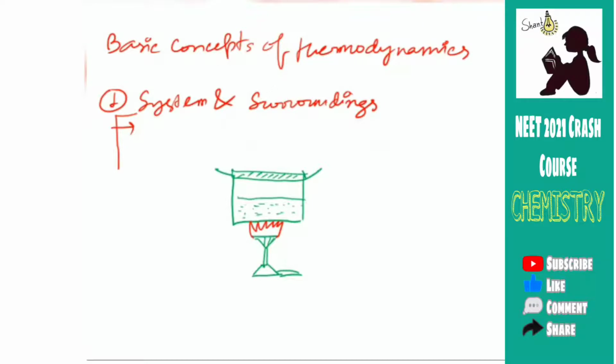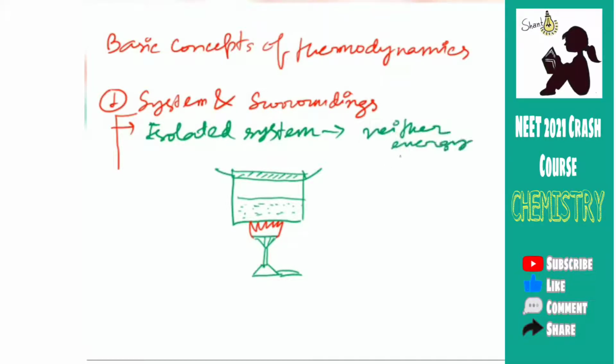Next is our isolated system. Let us see what that is. Now, in isolated system, neither energy nor matter is exchanged between the system and the surroundings. Now, how can that happen?